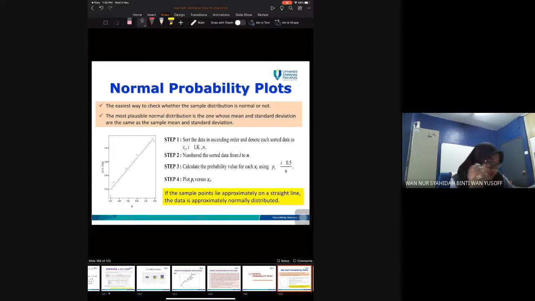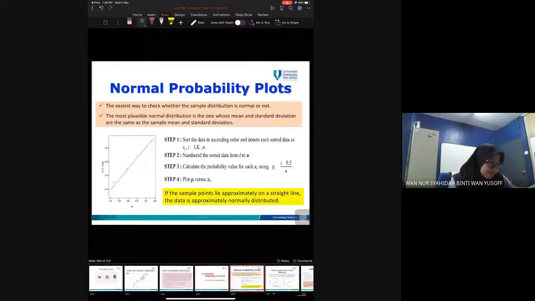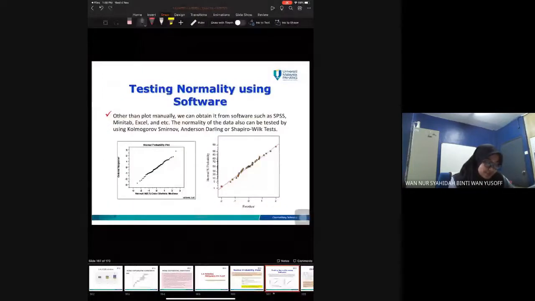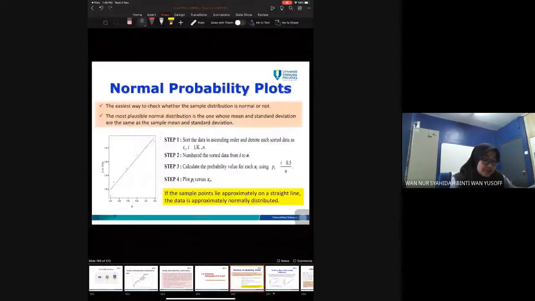So you just watch the video on how to construct this one, and then how we comment. This is the easiest way. We use plotting, visualization, to know whether the data is normal or not. If your sample points here lie in a straight line, then your data is approximately normal distribution.